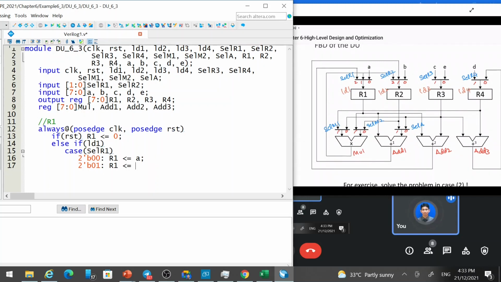Such that here you can say that if 0, 1 here, it is actually MUL. So you can have MUL here.